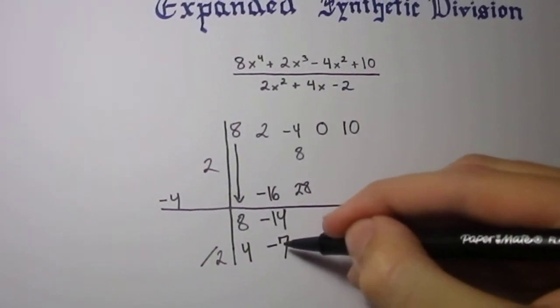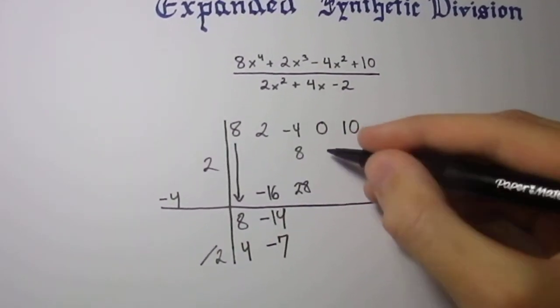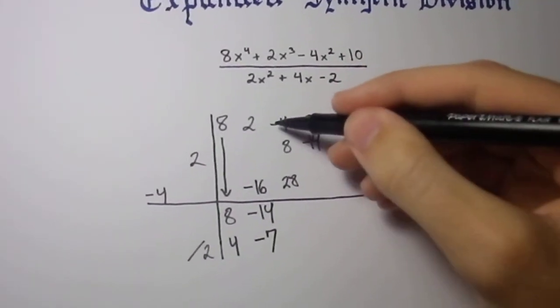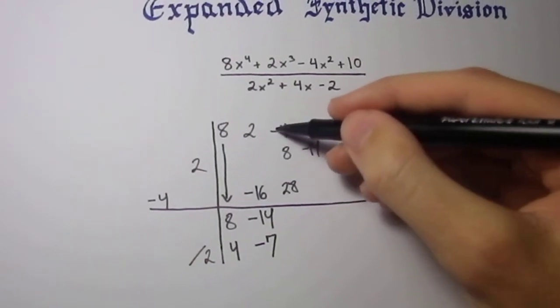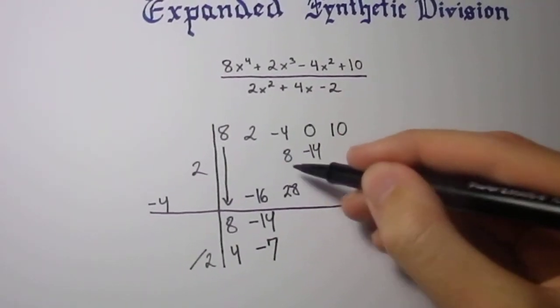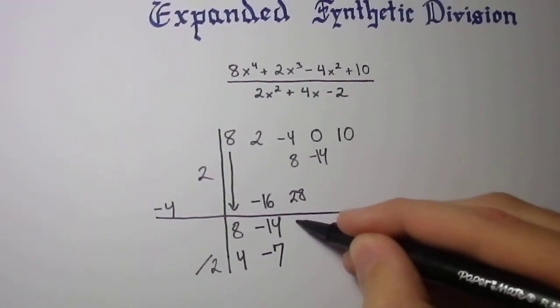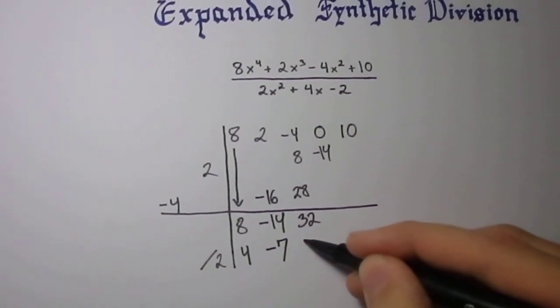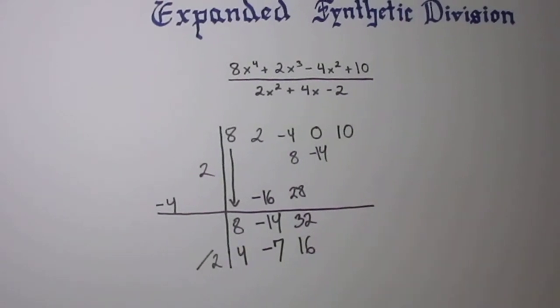And take negative 7, multiply it to 2, and you get a negative 14. So you take, just like regular, minus 4 plus 8 plus 28, which is 32. Take 32, divide that by 2, and you get 16.